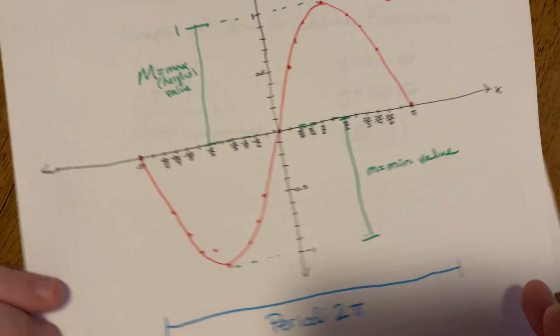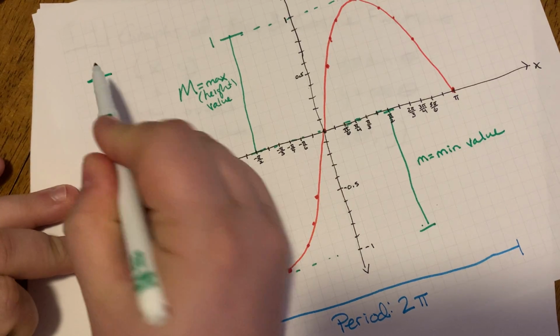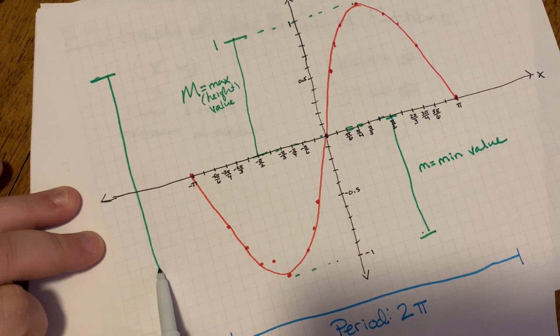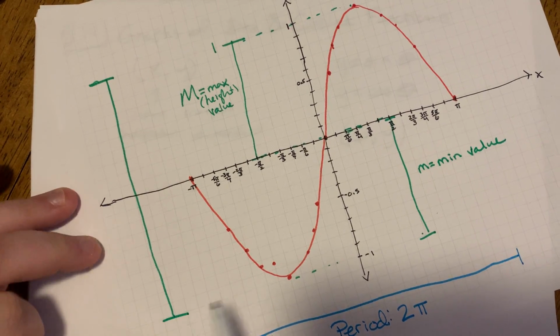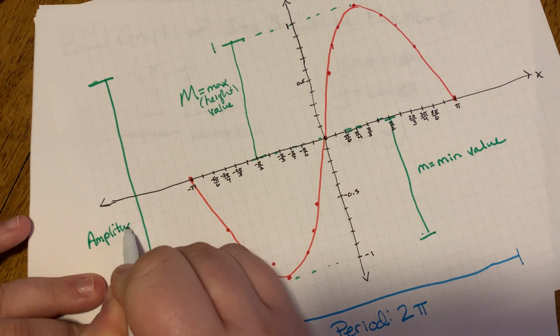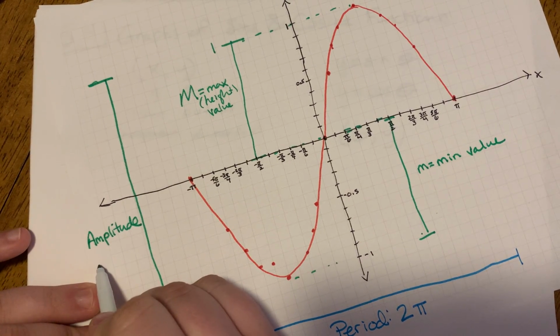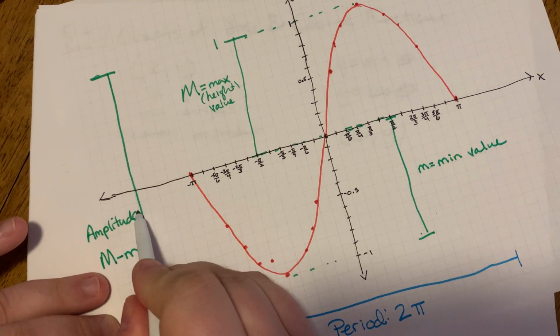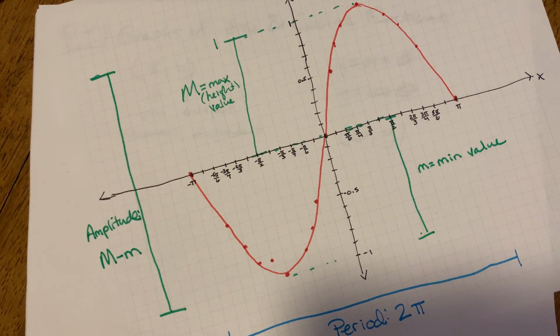And we define this maximum distance between the peak and the valley. This is called the amplitude. Capital M minus little m is our amplitude.